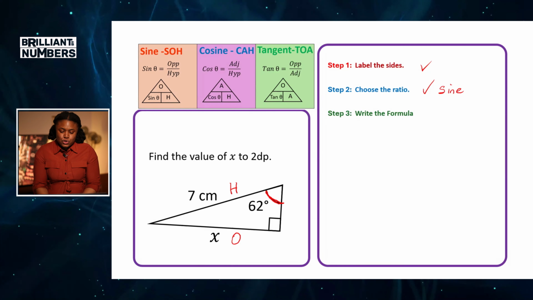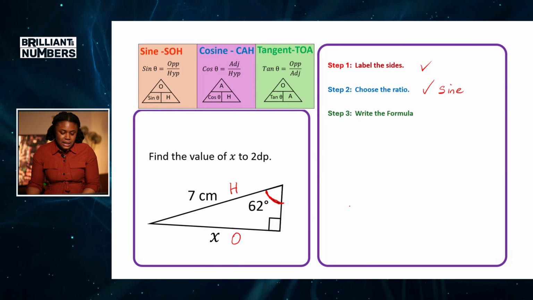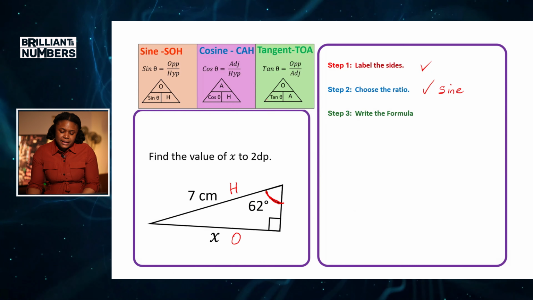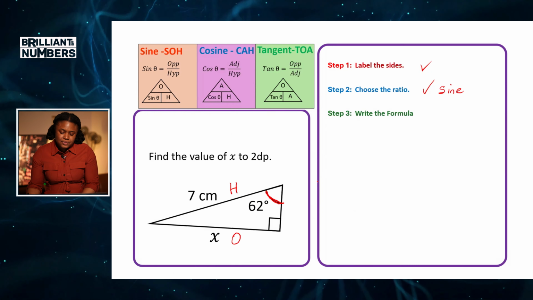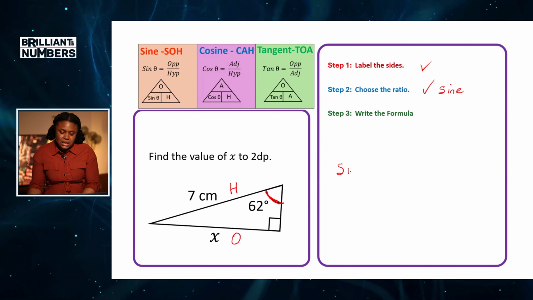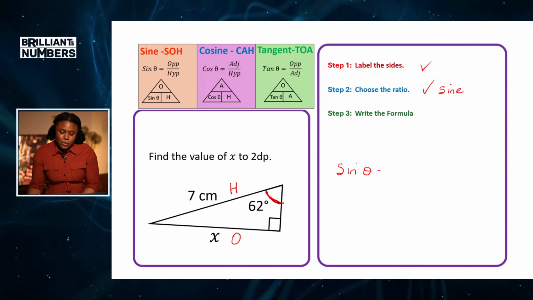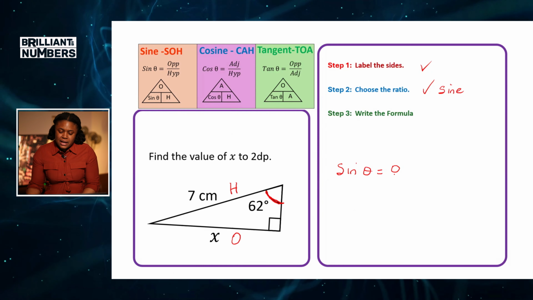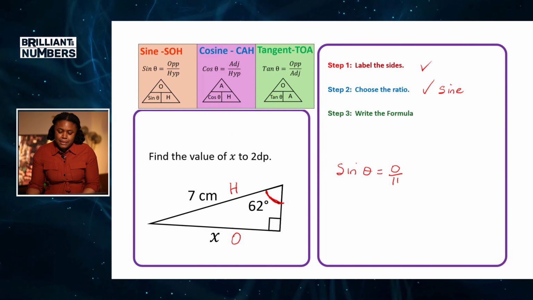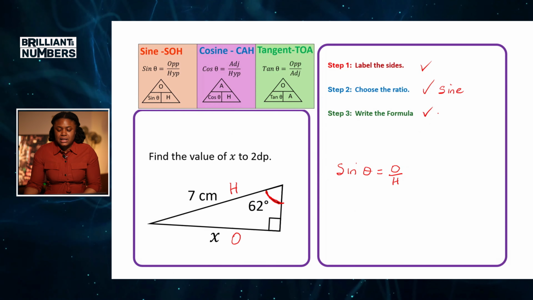You will get some of them, but clearly you're not getting all of them. So it's very important that you know them as well. So we're going to now write our formula out. I'm going to write that sine theta is equal to the opposite side divided by the hypotenuse. So I'm ticking that off.